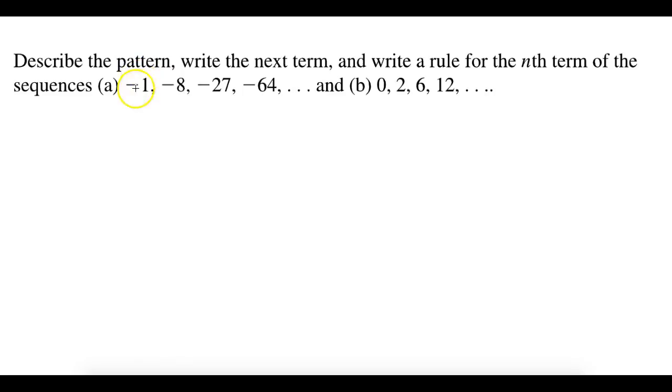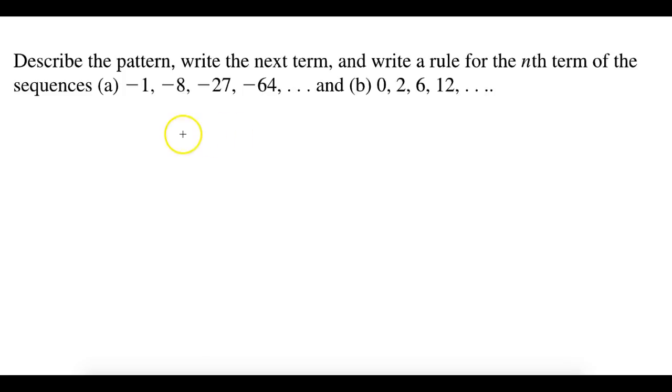So we get 1 cubed, 2 cubed, 3 cubed, and 4 cubed. Remember, with a pattern with n, n is increasing 1, 2, 3, 4 every time. So n cubed is definitely going to be part of our pattern.